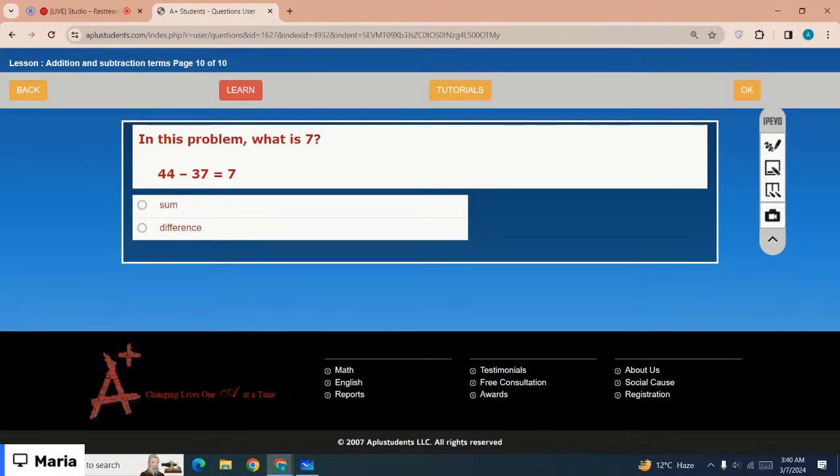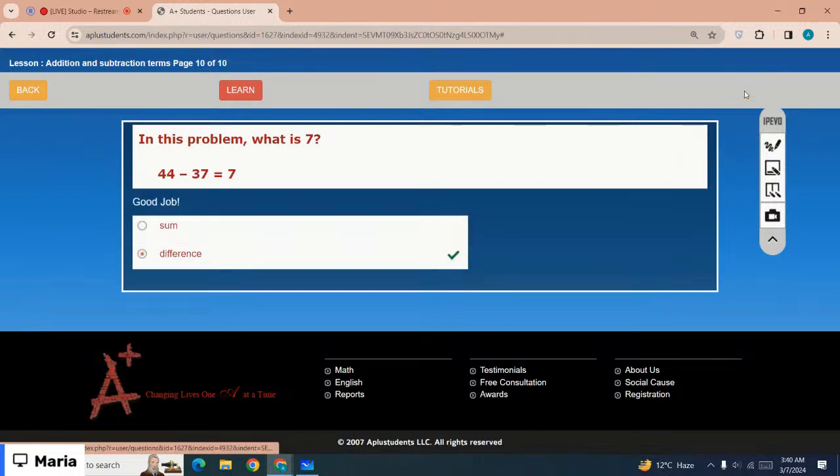Forty-four minus 37, which is the correct option? 7 is the difference. Okay, we are done with the lesson.